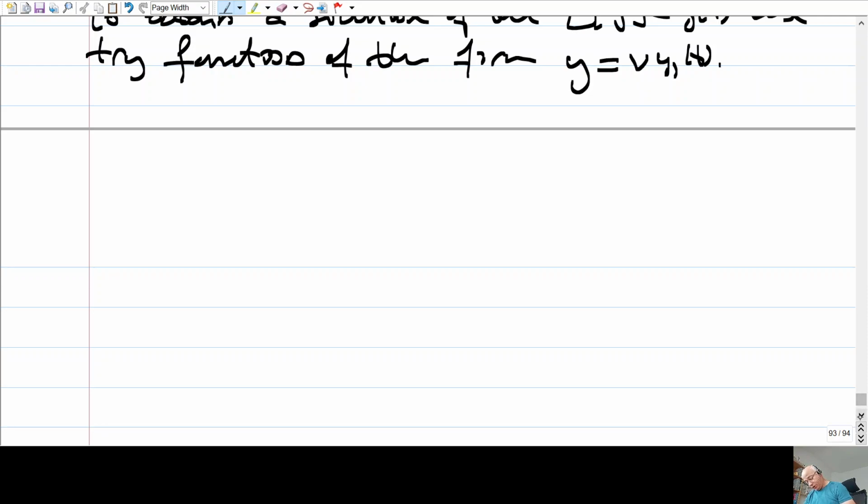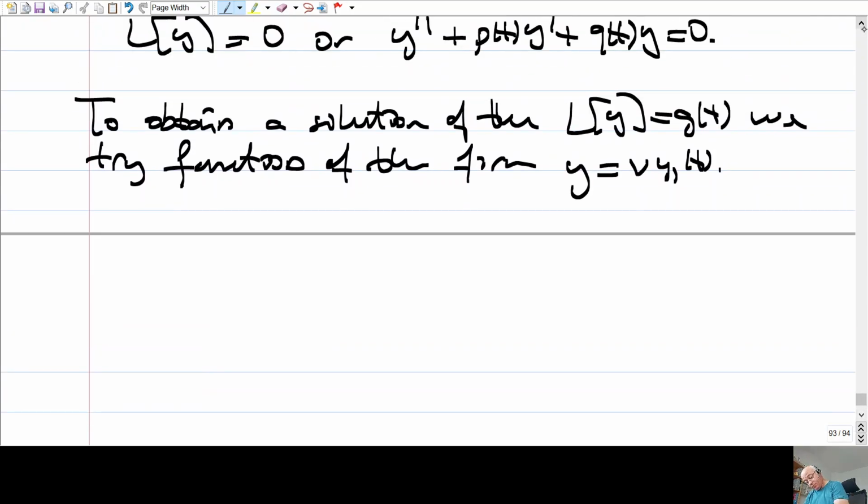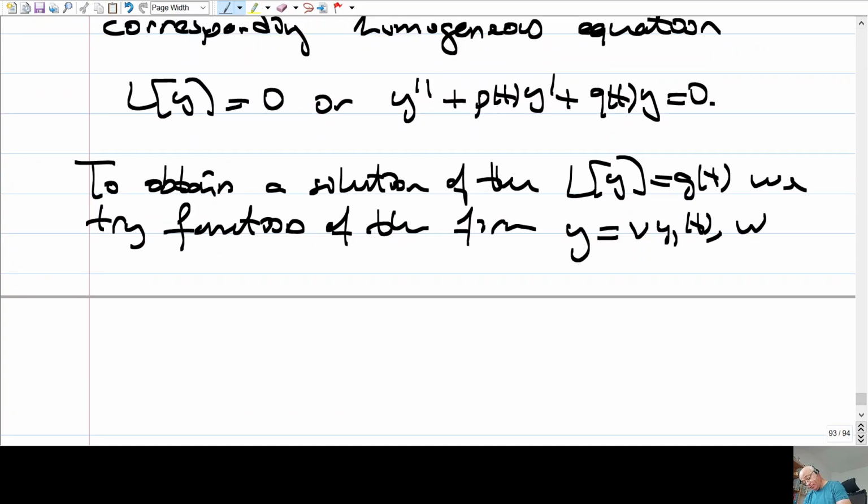Here v is to be determined, so this function needs to be computed.